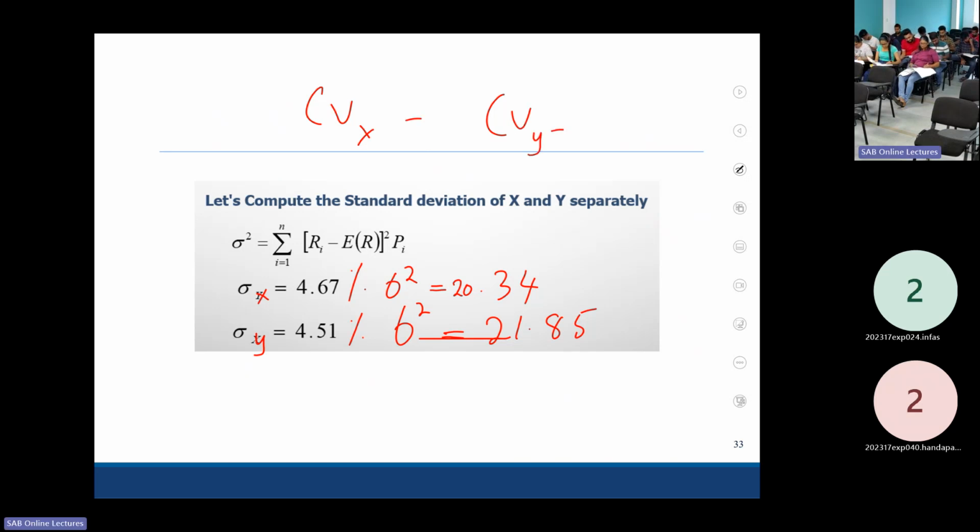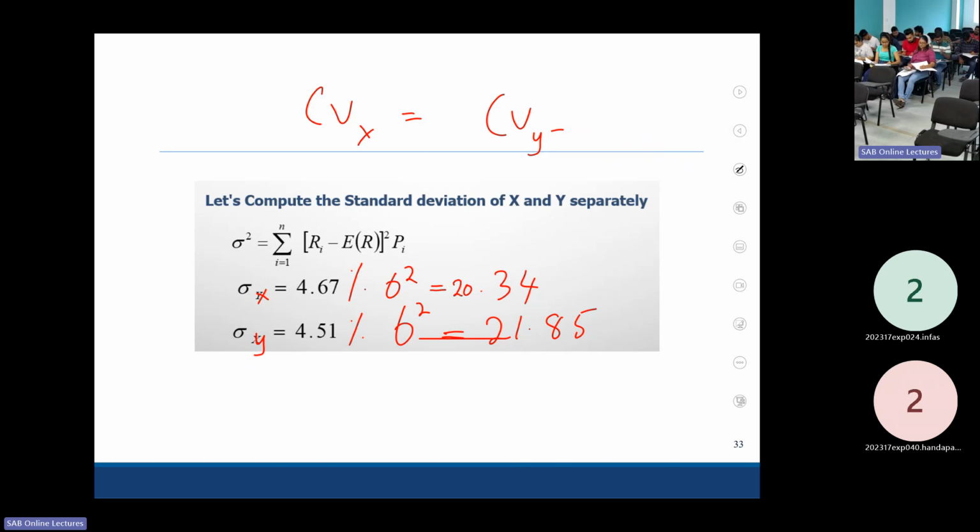So you know the expected return and standard deviation for X and Y. Now the coefficient of variation. The coefficient of variation is risk per unit of return: standard deviation divided by expected return.